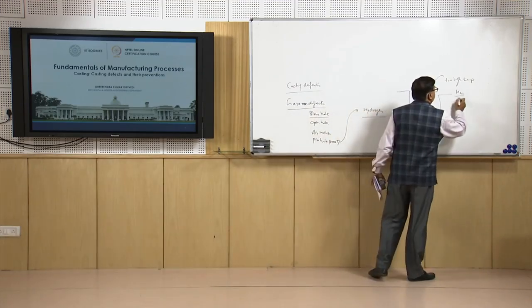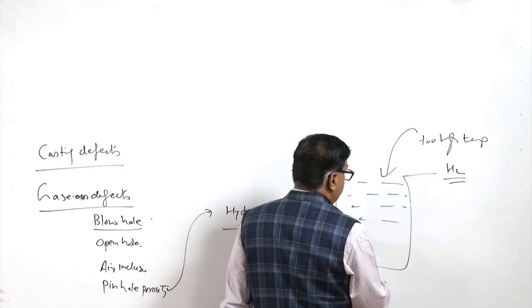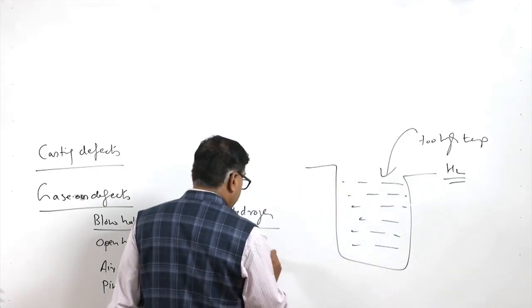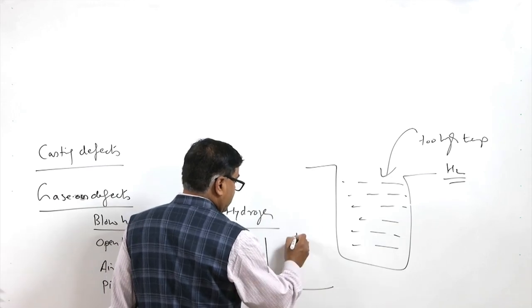So, the hydrogen gets dissolved in the liquid metal, especially in those cases where the solubility difference between the liquid and solid state is too high.